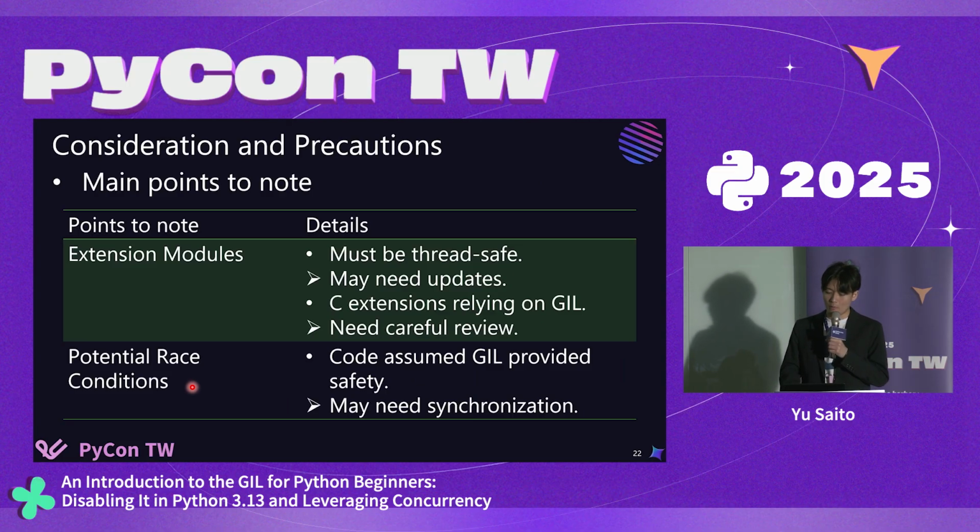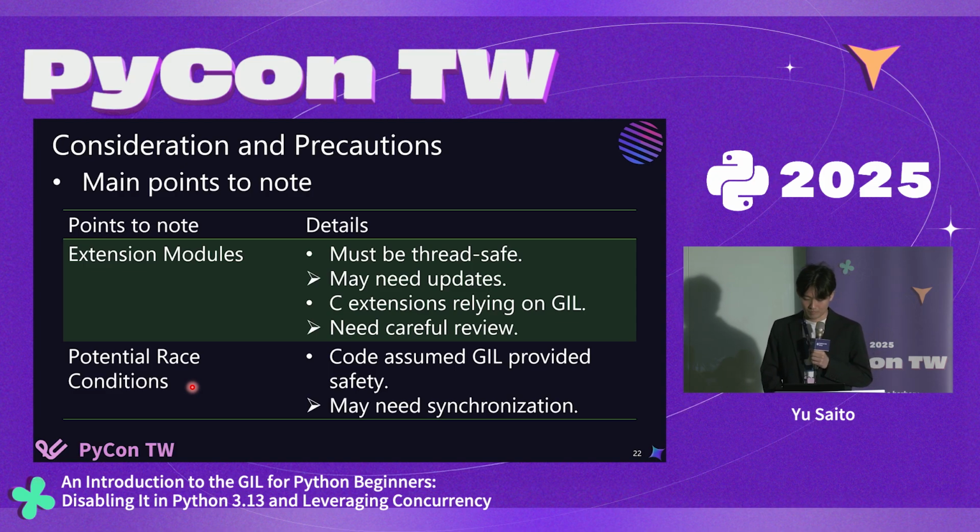In this slide, I will talk about an overview of points to consider when using the disabled GIL. Among the various points to consider, the main ones are extension modules and potential race conditions.